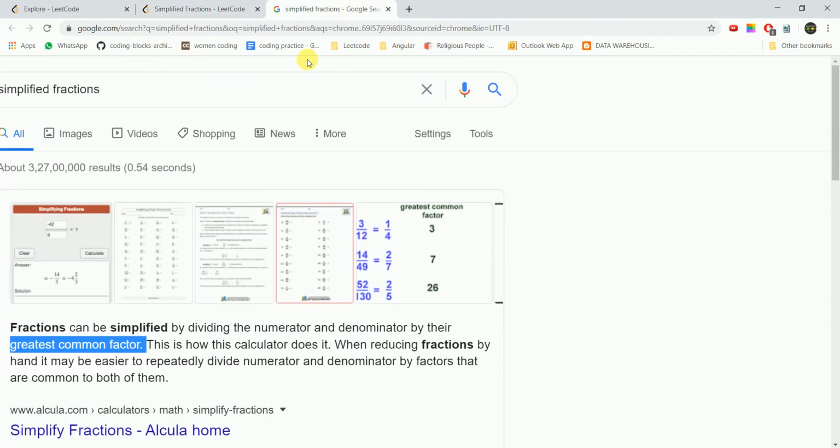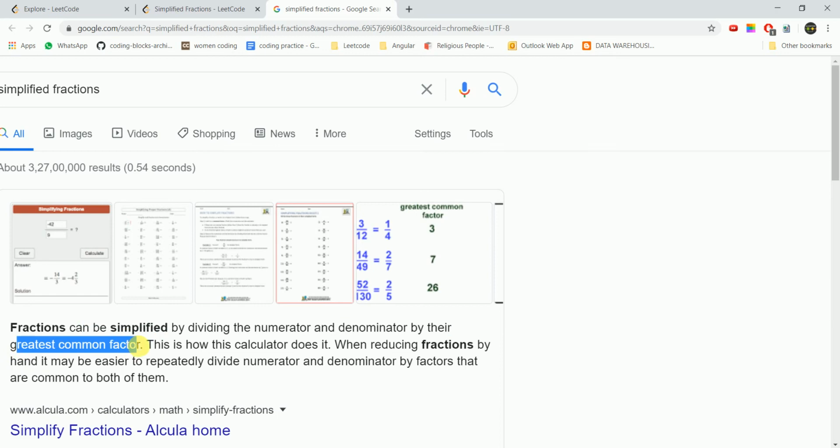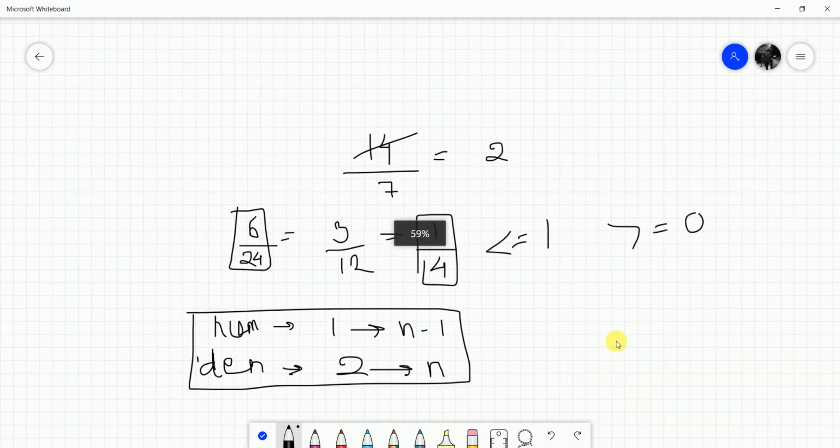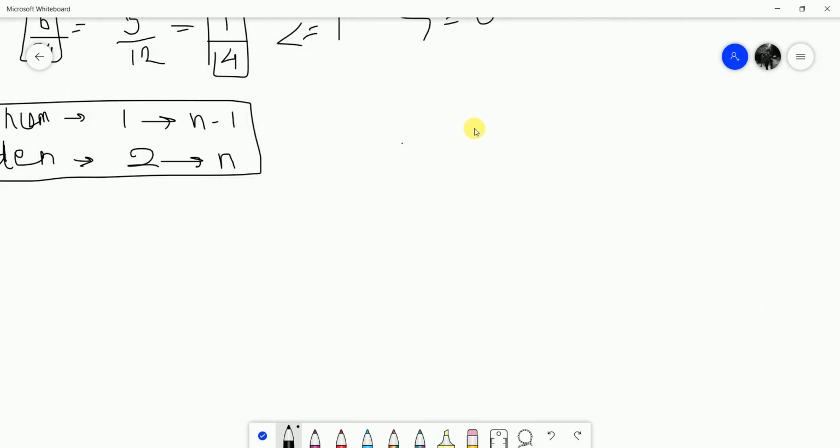And as we have read in the definition of simplified fraction, fractions can be simplified by dividing the numerator and denominator by their greatest common factor. So basically, what I am required to tell is any two numbers which have GCD equal to 1.